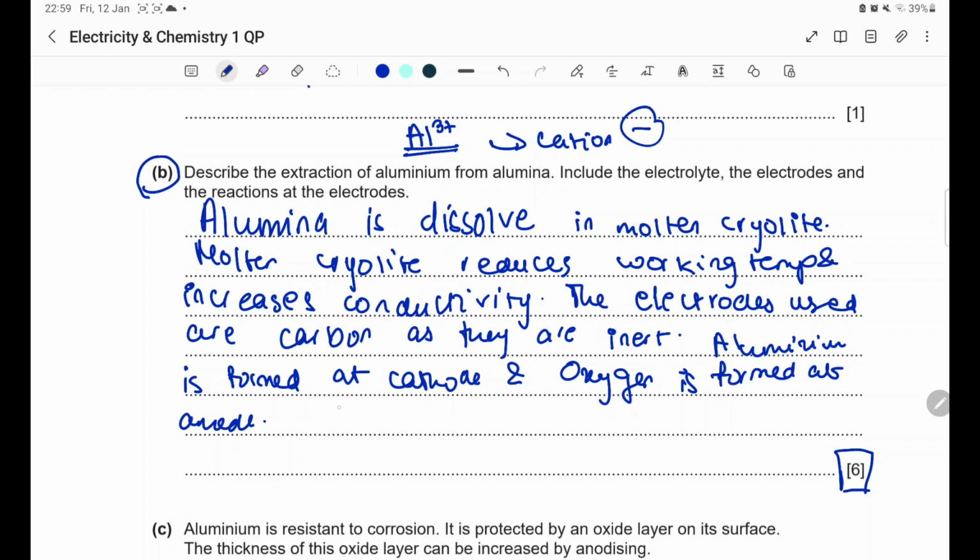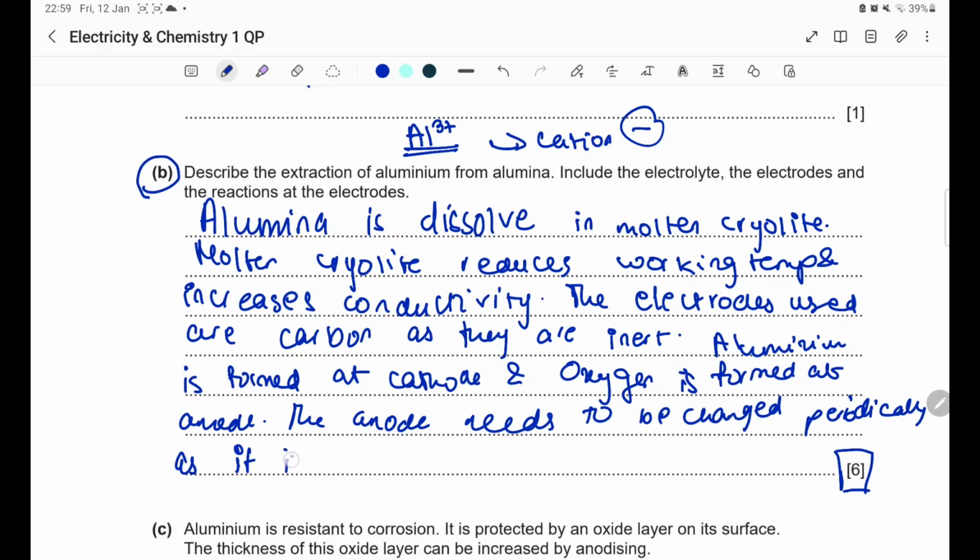And then you will write that the anode needs to be changed periodically as it is burned in the presence of oxygen, forming CO2.